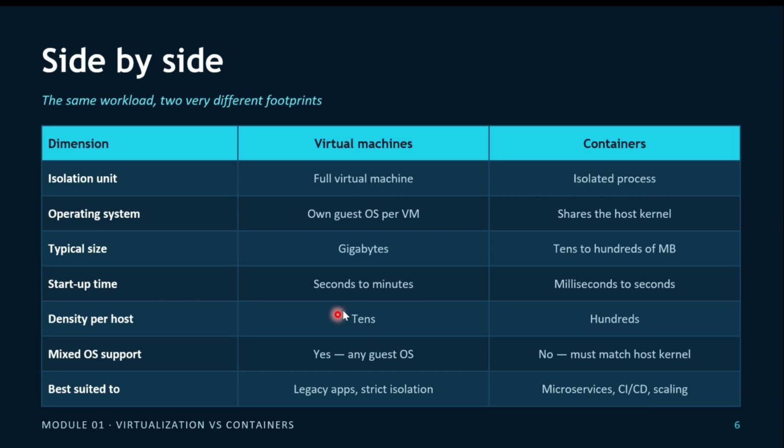Yeah, see, currently, if you are talking about virtual machines, I already clearly explained that on each and every hardware, if every virtual machine needs a separate OS, disk, CPU, memory, and all those things, you can run only 10 virtual machines on a single hardware. Whereas on the same hardware, you can run hundreds of containers because it doesn't need a separate guest OS or separate specifications.